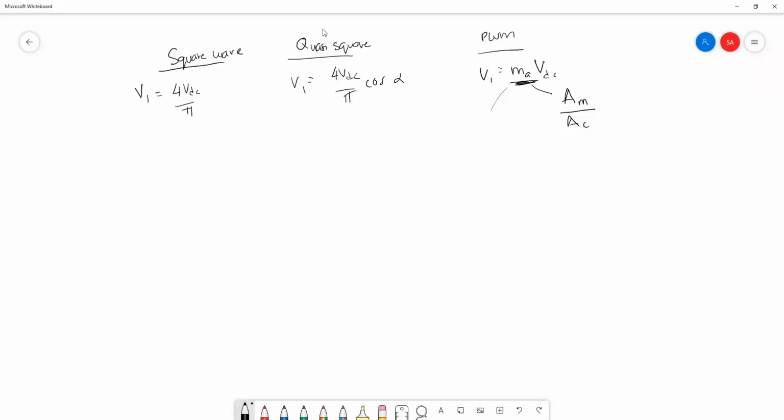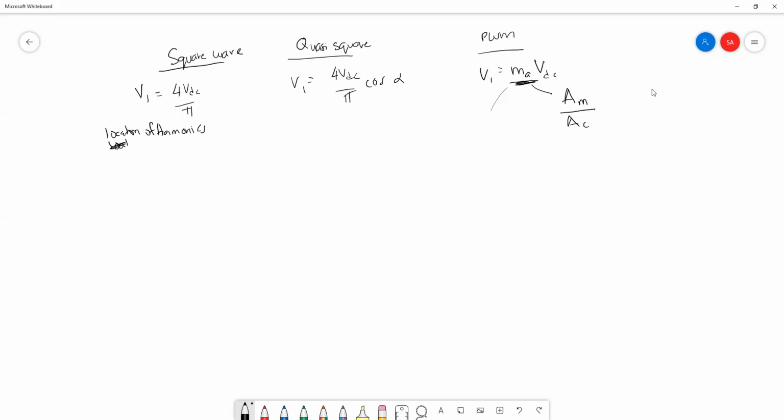The second comparison is on the spectrum, or location of harmonics.